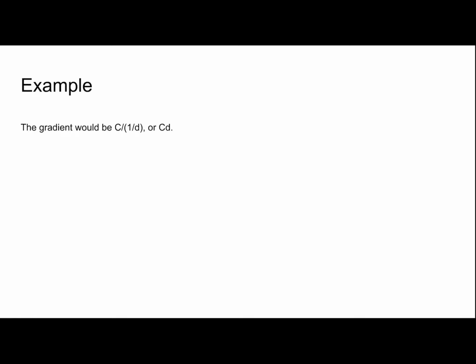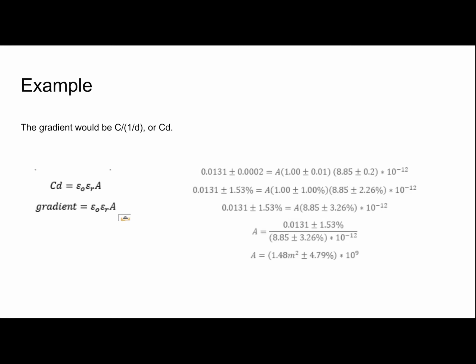Right, so the gradient is C over 1 over D, or CD, and therefore CD equals E naught ER A. So CD is our gradient, so gradient equals E naught ER A. And basically we just need to substitute our numbers in.